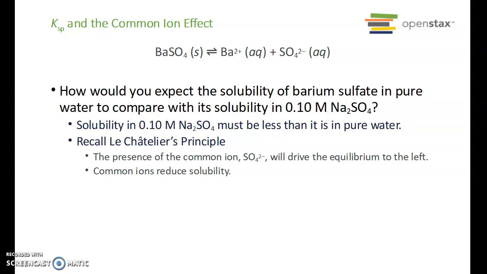Now, if you add some sulfate there, for example, if you put it in a 0.1 molar sodium sulfate solution, what happens then is a result of Le Chatelier's principle. Because you have a common ion of sulfate there, the presence of that will drive the equilibrium back towards the left-hand side of that equation. So common ions reduce solubility.